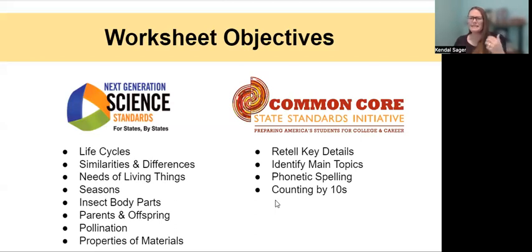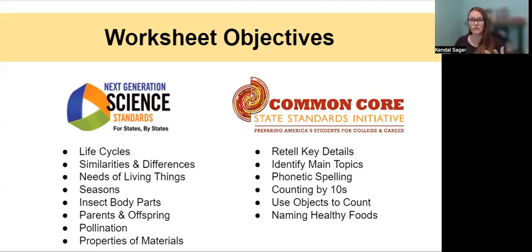Even counting by tens, I integrate in a lot of my lessons when we're guessing how many bees could live in an observation hive or in an actual beehive. Using objects to count, we can use line segments around the hexagons. Naming healthy foods: when we start looping in pollination, we can name the healthy crops that bees are helping to pollinate.